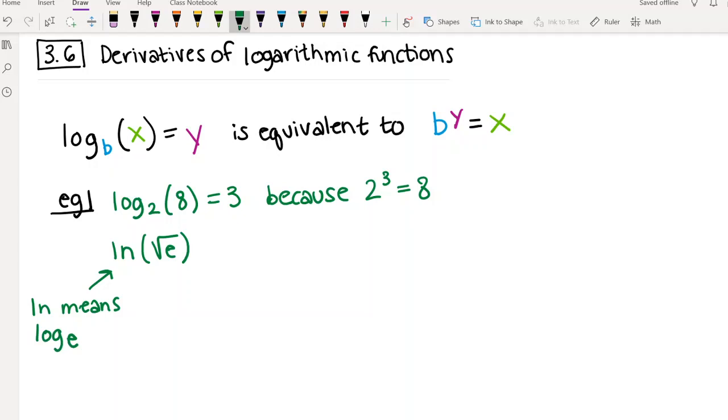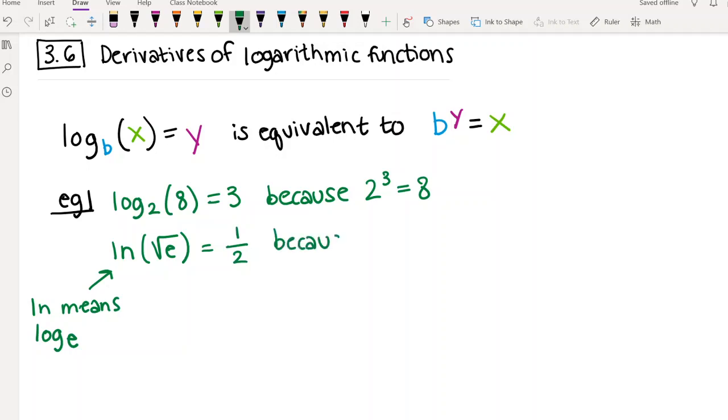So it's basically doing a logarithm, but instead of your base being 2 or 5 or some number like that, your base is e. Whenever you see ln, it's just a normal logarithm, but because it comes up so much, it has a special abbreviation. So ln of the square root of e is asking what exponent we would need to raise e to in order to get the square root of e. And the answer is 1/2.